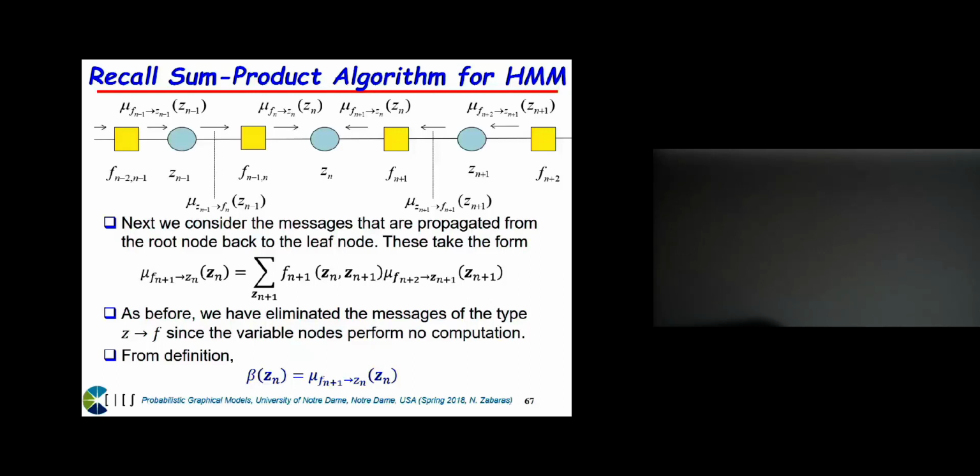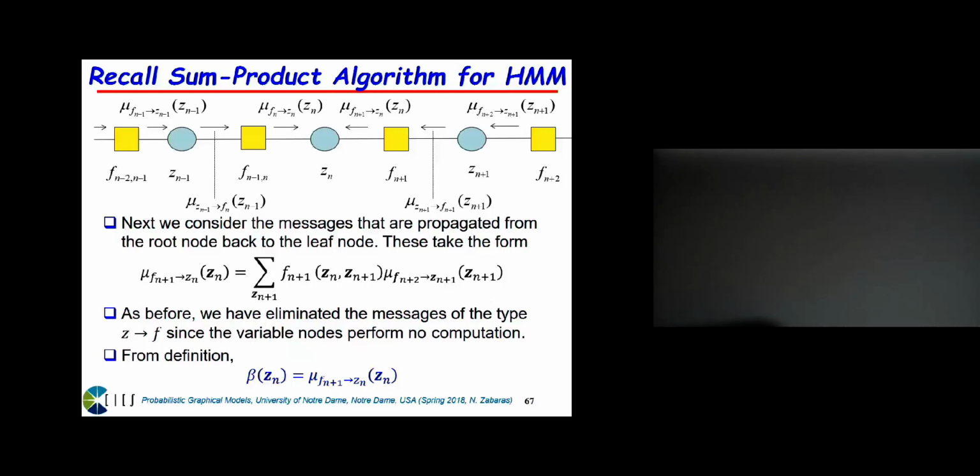So the message from the factor Fn plus 1 to node Zn, all right? Again, we're looking at messages from factors to nodes. So this message here is this factor times the message that the factor Fn plus 2 sends to node Zn plus 1, which is this.